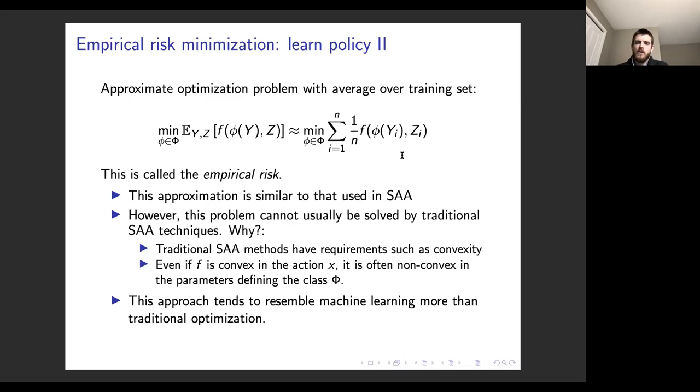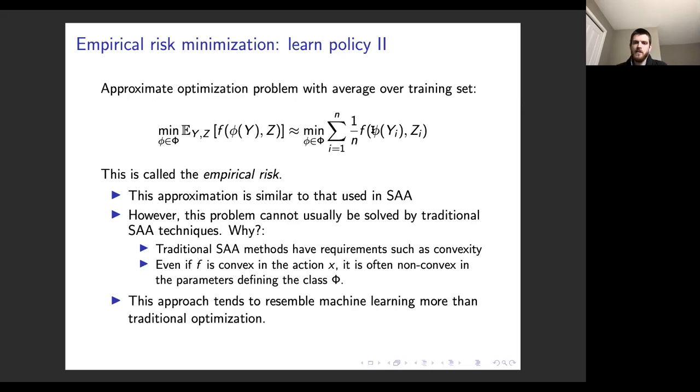But when we take a composition of our policy and the objective function, a lot of times it breaks the convexity. So even if our objective function is convex, and even if our policy class is nice and convex, a lot of times this composition is going to be non-convex.